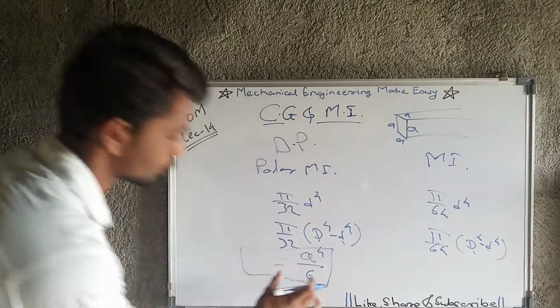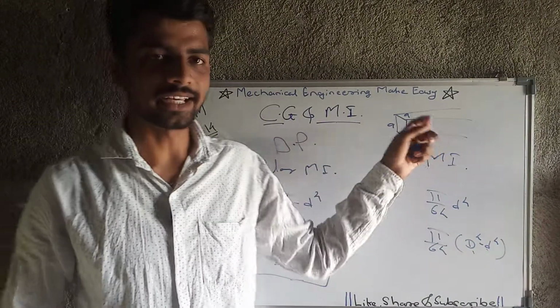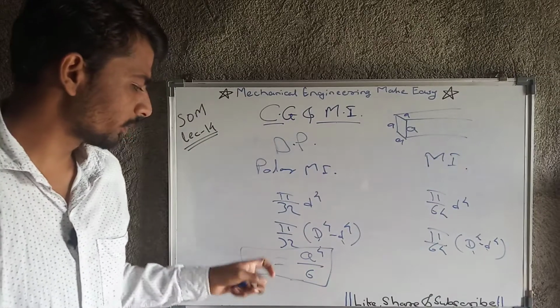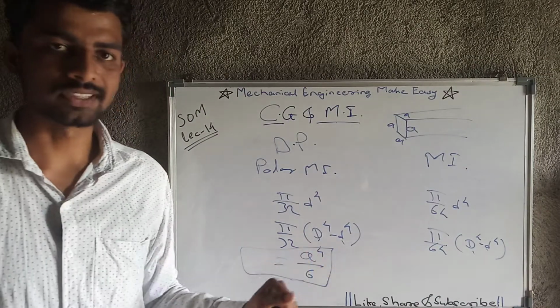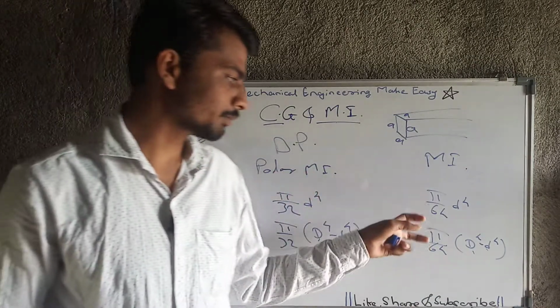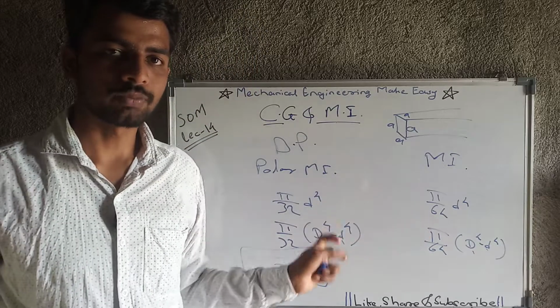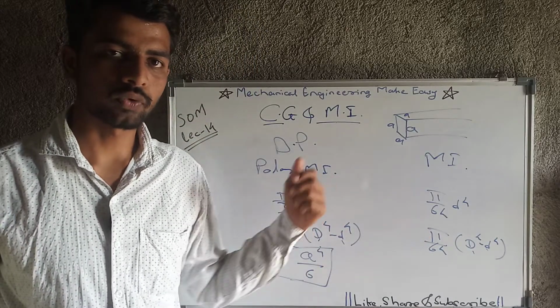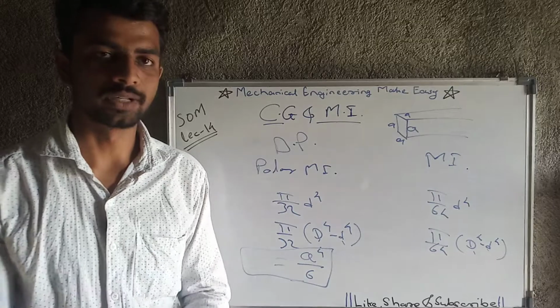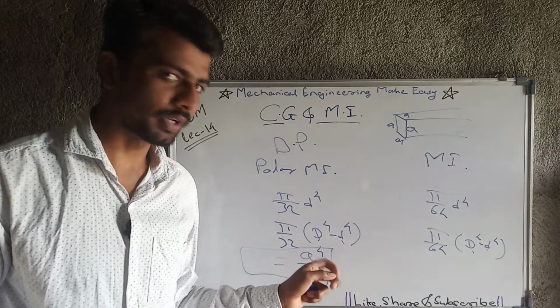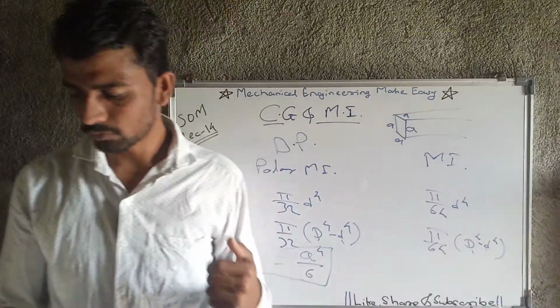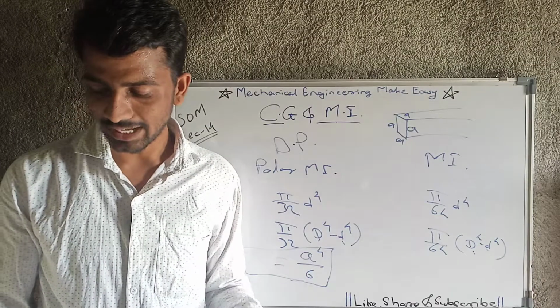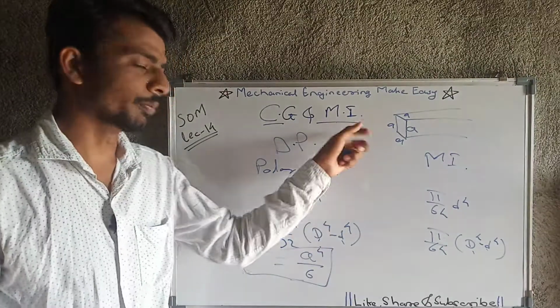This is for a square section with side A. These are very important standard formulas which we are going to use in future for solving numericals. So note down all these formulas, and in the next lecture I will come up with the moment of inertia of rectangle and some other standard cases.